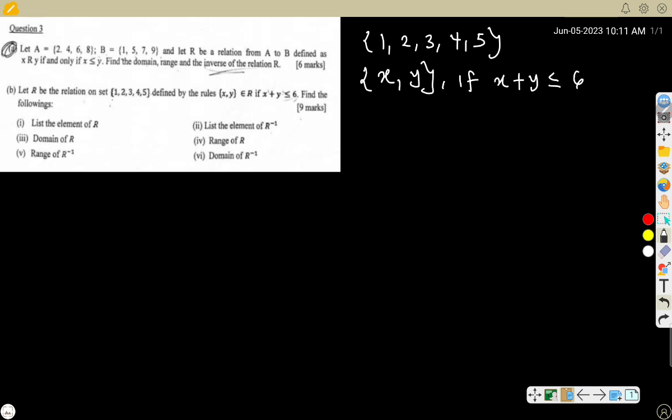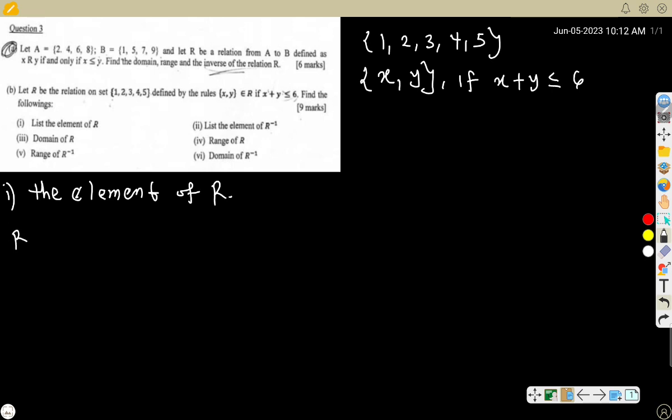Find the following. First, list the elements of R.